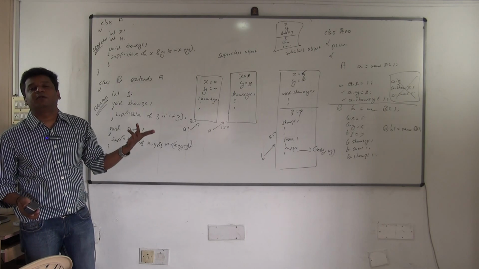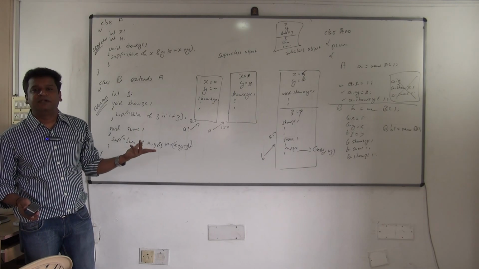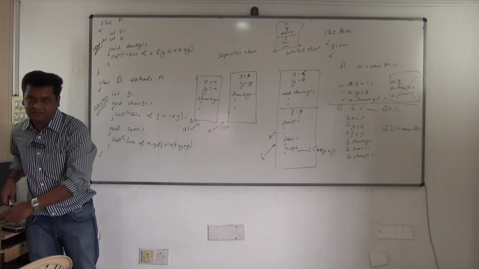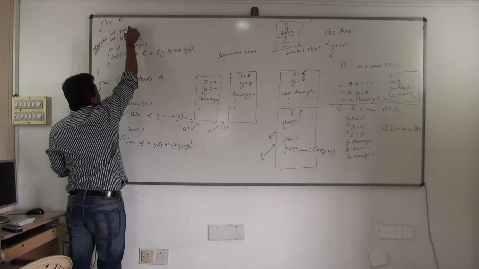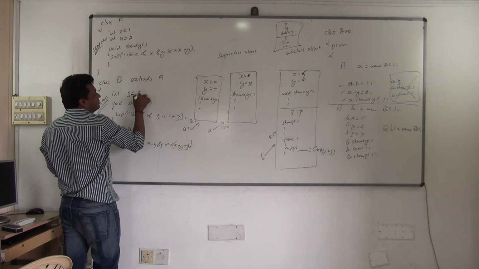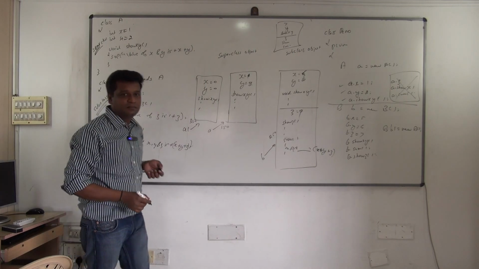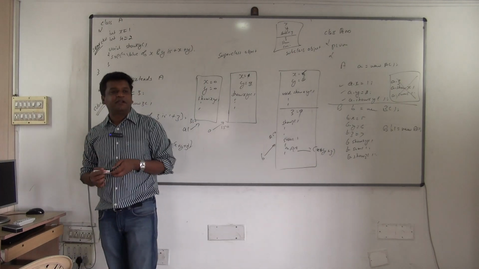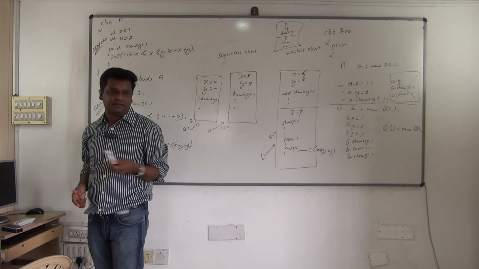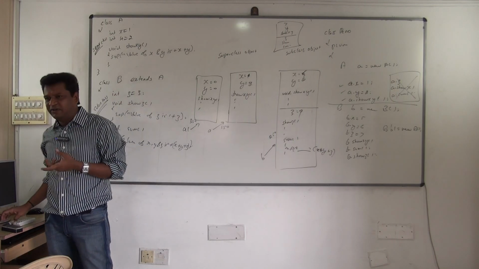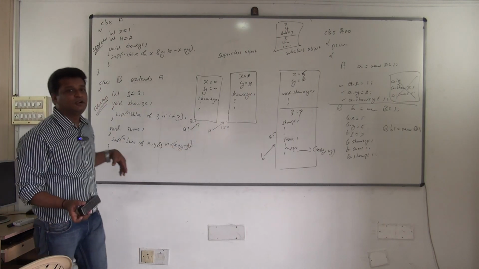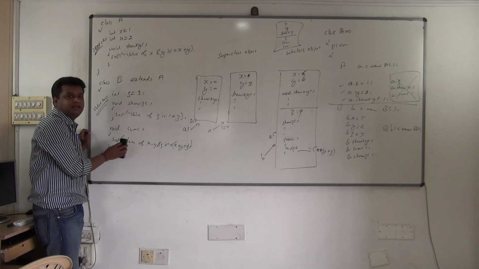Every A object you create, what will be there of X and Y? 1 and 2. You can try it. That's your wish. Every B object you create, it will have X, Y and Z. Okay. So that you can try. But anyway, I'll show you this first. Dot operator I'll show you and then we will go to that one. Shall I clear everything?